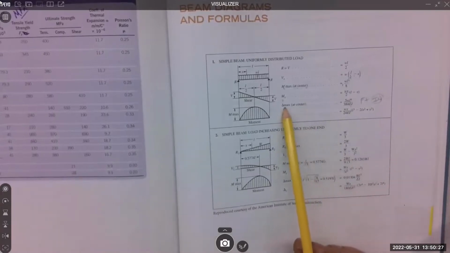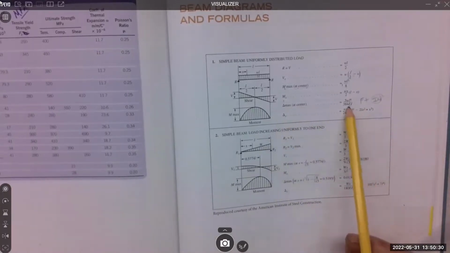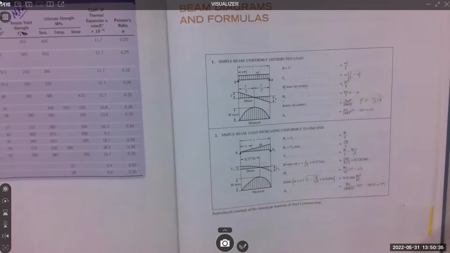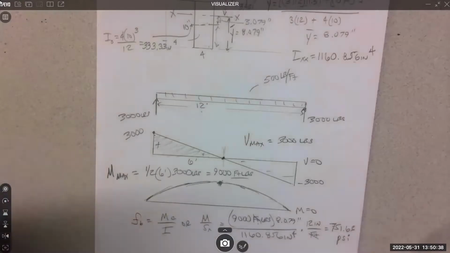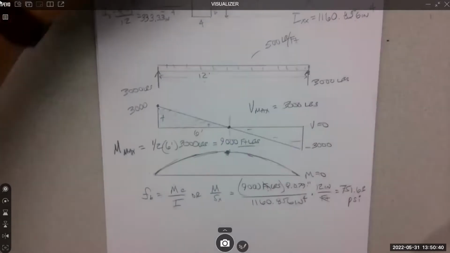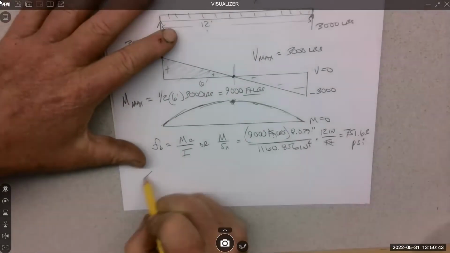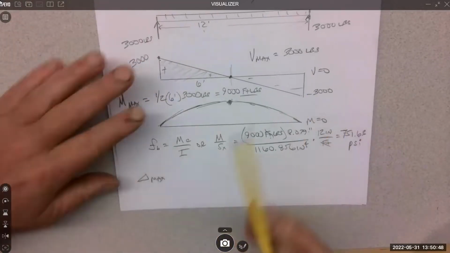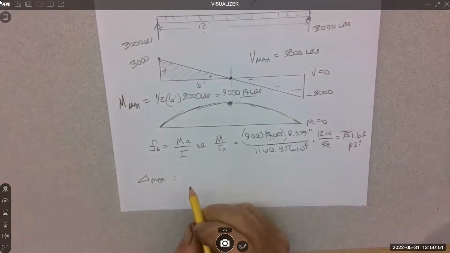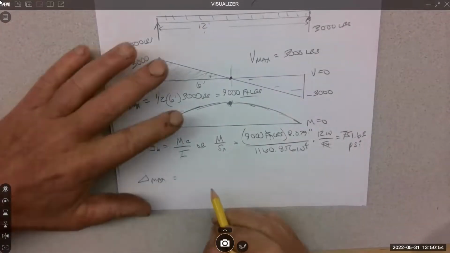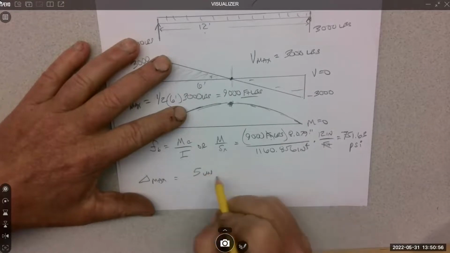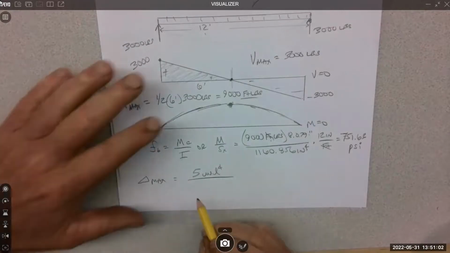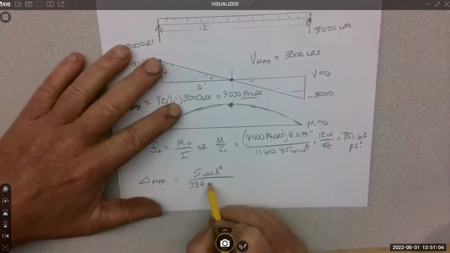Okay. Then delta max, that's what we would want for the deflection. 5 WL to the 4th over 384 EI. So I'm going to write that one down. Delta max, 5 WL to the 4th, 384 EI.